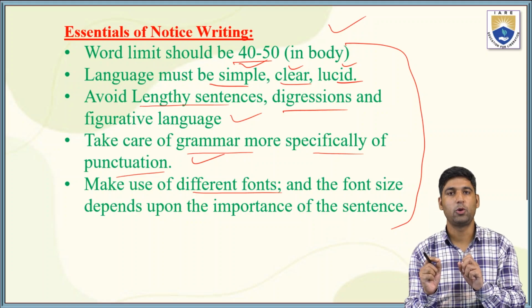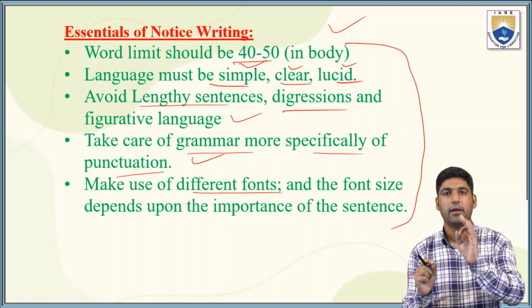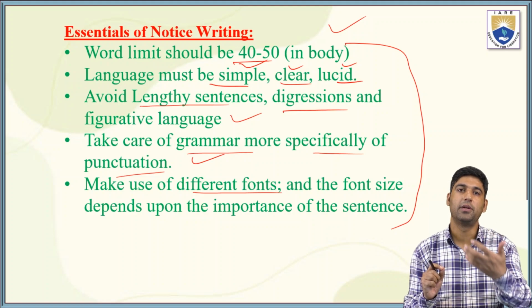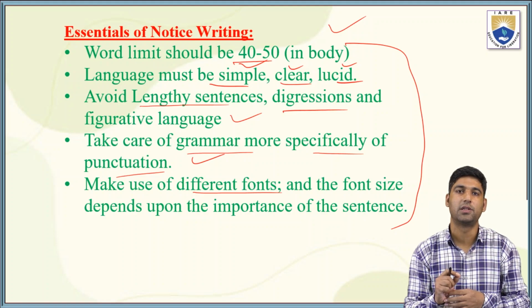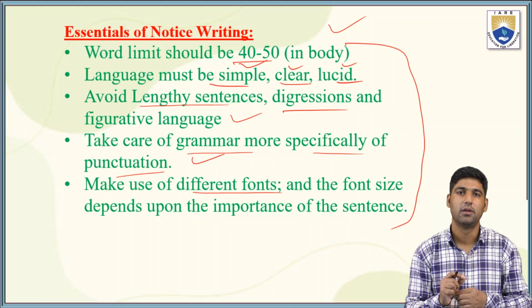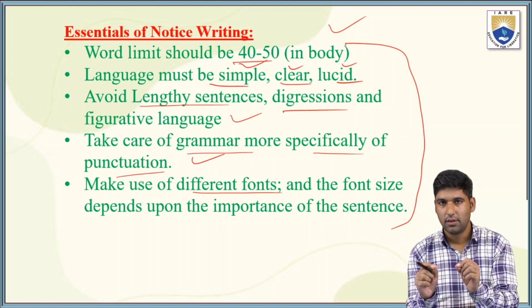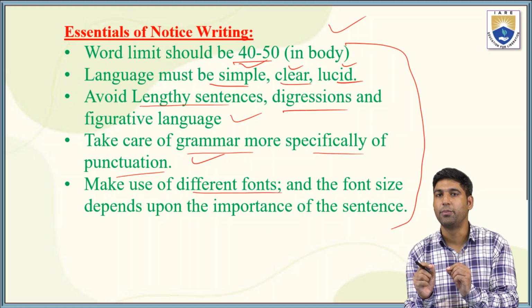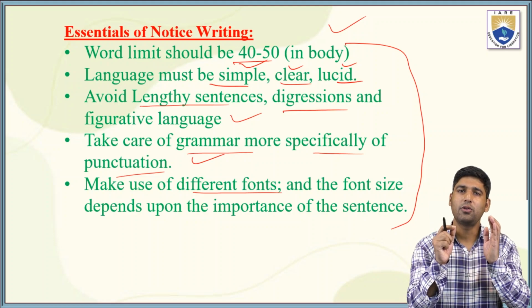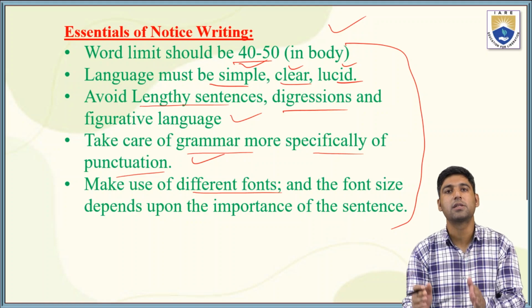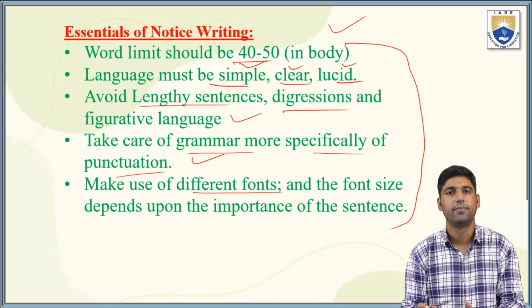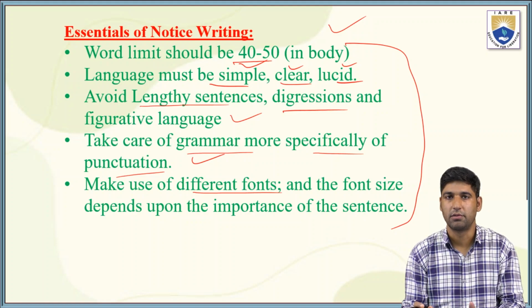For example, you are writing a notice regarding any event to be held, to be organized by your university, college, or any other department. So you write the name of the event in bold letters. Sometimes you italicize any information in order to tell people that this information is important. You cannot miss this information.